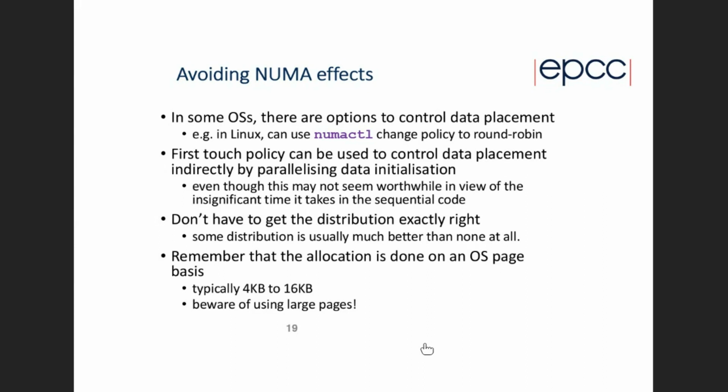Now, this might be easy or difficult depending on the nature of the data structures in your code. If your main data structures are large multi-dimensional arrays, then parallelizing the initialization is typically pretty straightforward.